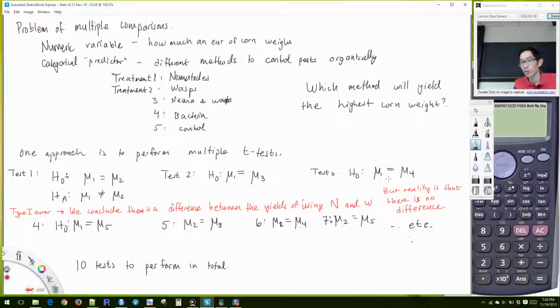Probability of committing a type 1 error with test 3, also 5%. So I'm performing 10 tests, okay? And each test, I have a 5% chance of committing a type 1 error.